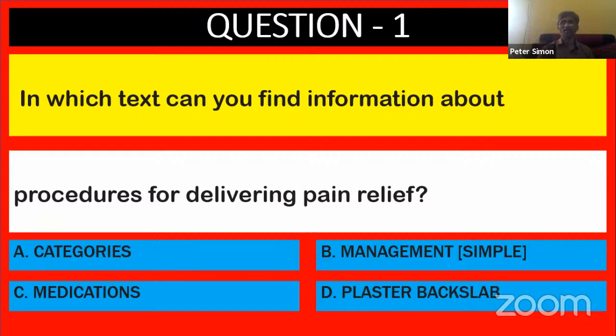Categories means different categories. Management means manage the situation. Medications means giving drugs or tablets or medicine or injections or ointment or cream or balm. Pain, headache, you have cream. That is medication. A plaster backslab means when serious fractures are there, you put a plaster so that it will not move. You tighten it and make it strong so that it will heal fast. That is how you have to answer.